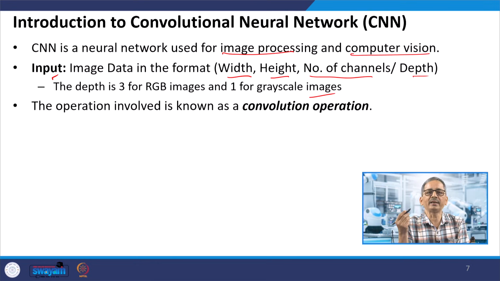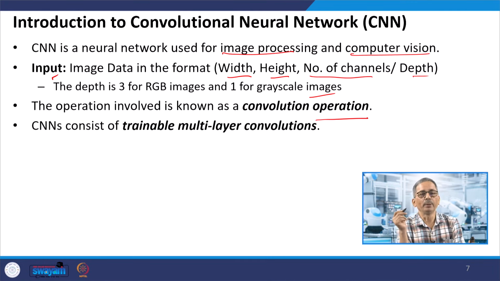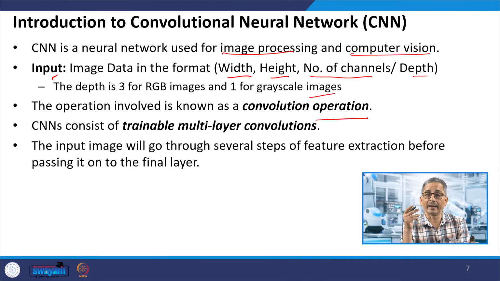Now, the operation involved is known as the convolution operation in CNN. The CNN consists of trainable multi-layer convolutions basically, and what the convolution operation is, I have already discussed in my previous lecture.